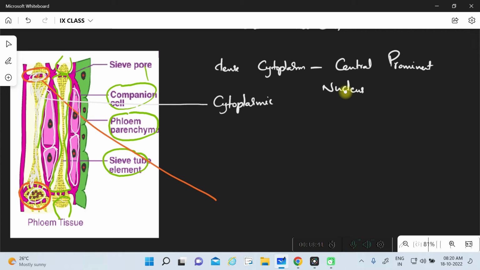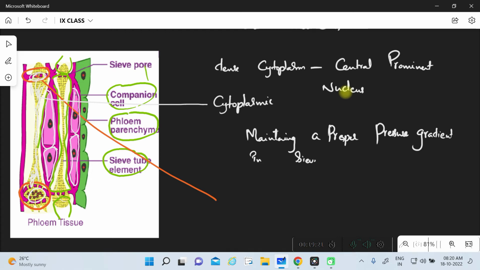The main function of companion cells is not very clear, but people are of the opinion that companion cells help in maintaining a proper pressure gradient in sieve tubes for conduction of fluid.